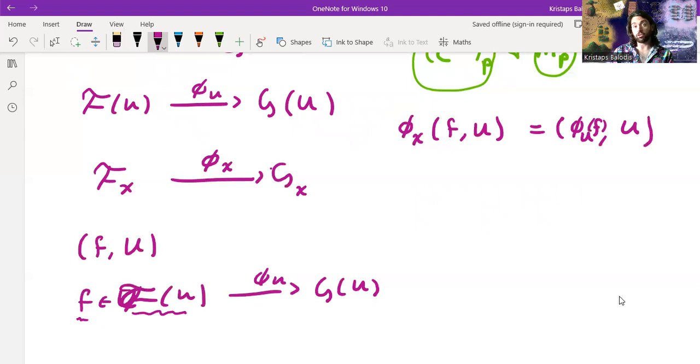And now the thing you need to check, so maybe here's good homework, check that this is well defined, right? Because remember, this is not just a pair. I'm really thinking of this as an equivalence class, right?